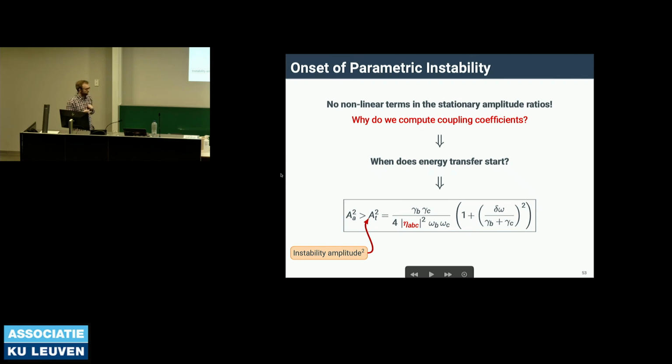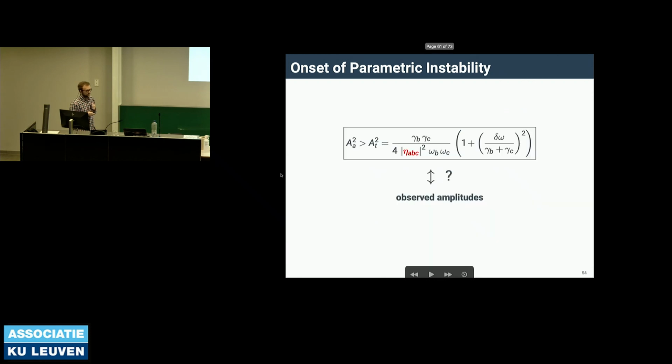So if you want to know if your observed mode triad could have even started the mode energy transfer, you need to compute this instability amplitude, and you need to make sure that the amplitude your mode has now is larger than that instability amplitude.